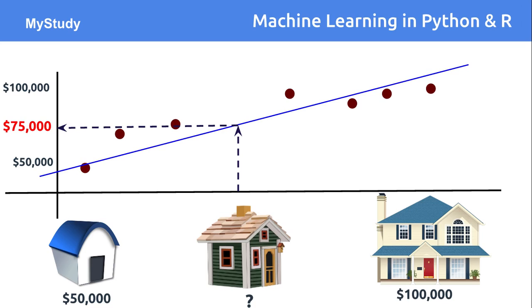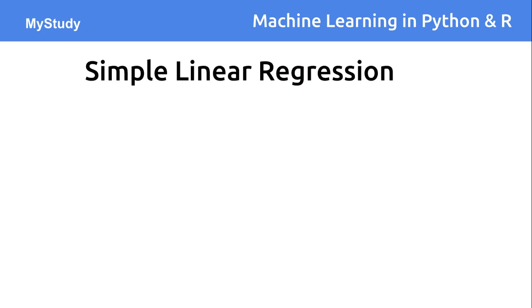So let's characterize this phenomenon in a more mathematical way. This is our first learning algorithm, simple linear regression, and learning is nothing but fitting a line to the data available with us. Let's formalize it with the very famous abstract notation y is equal to f of x.